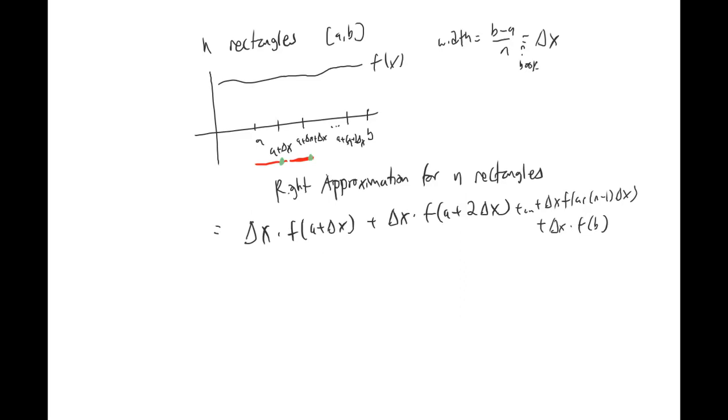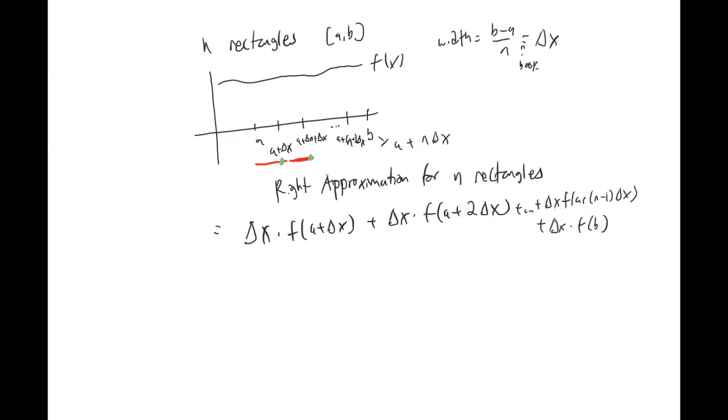Okay. It's important you see this because it goes all the way to this thing, b is a plus n delta x, right? Do you agree with that? So obviously the term before is n minus 1 times delta x, right?